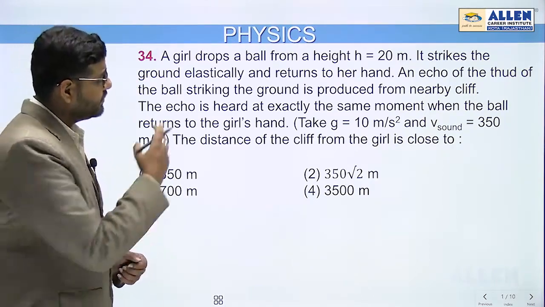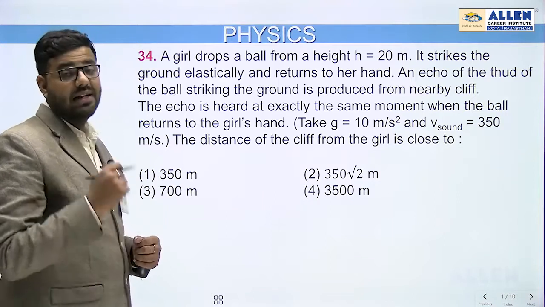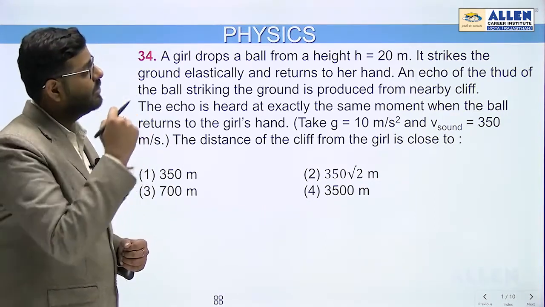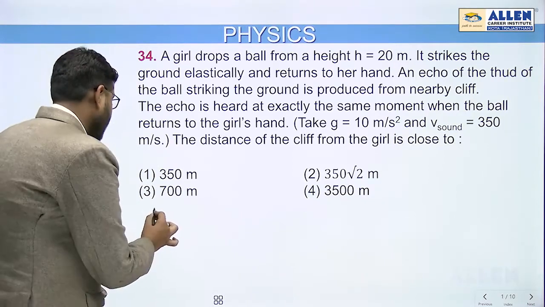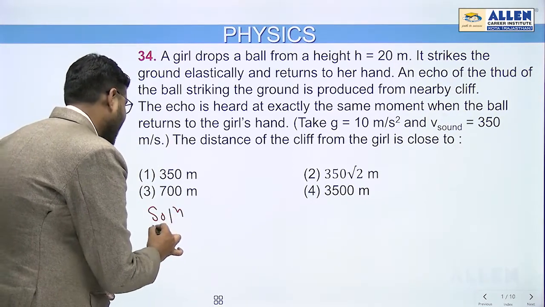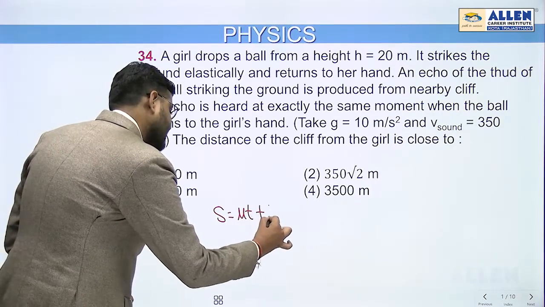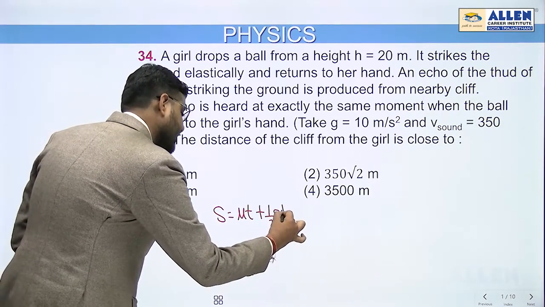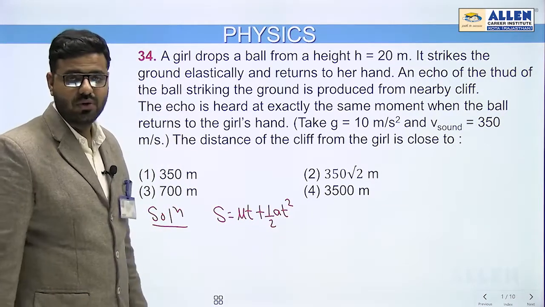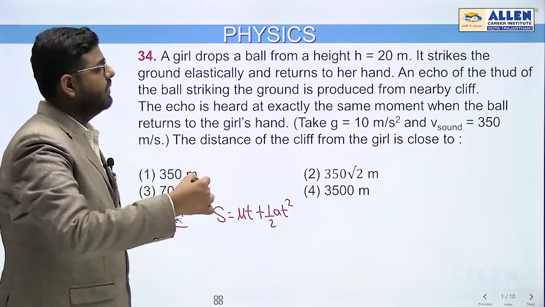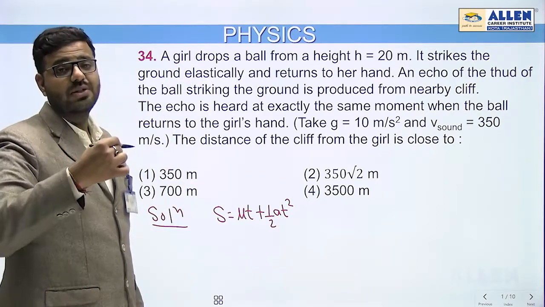First of all, we have to calculate the time taken by the ball to reach the ground from the height 20 meter. So we know the equation s equal to ut plus half at square. Now the ball is moving down.